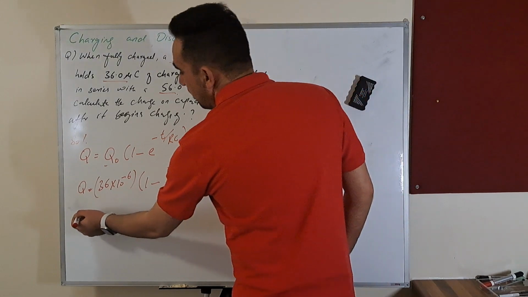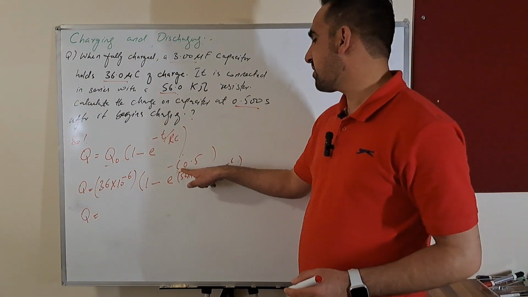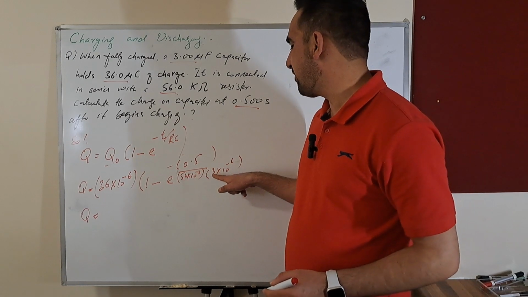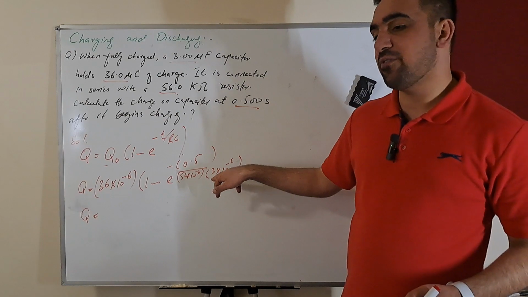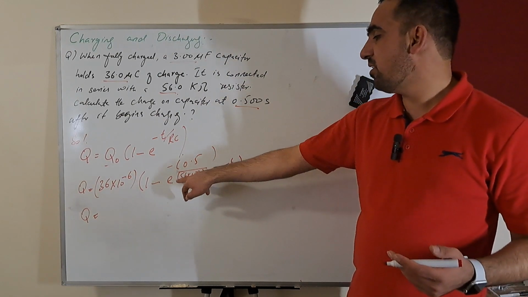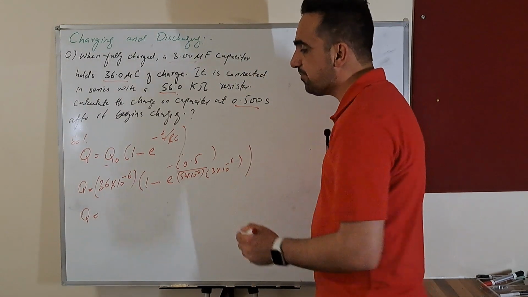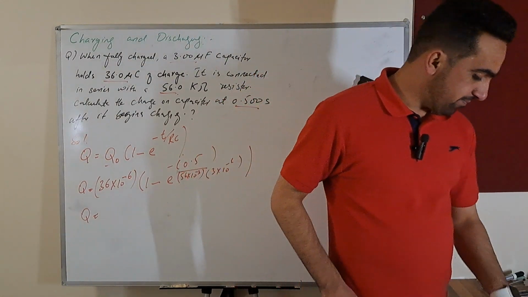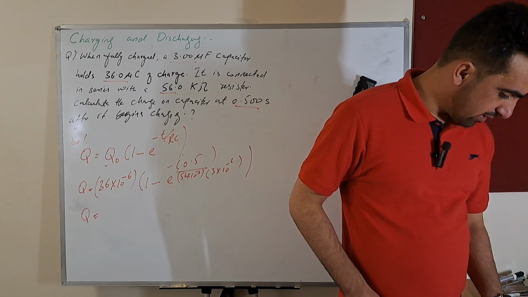Okay, so first thing you can do is solve the power of the exponent, that is 0.5 divided by 56 multiplied by 3, solve the 10 to the power of 10, and then use a scientific calculator, or you can directly use the scientific calculator for this. Okay, can you solve these?